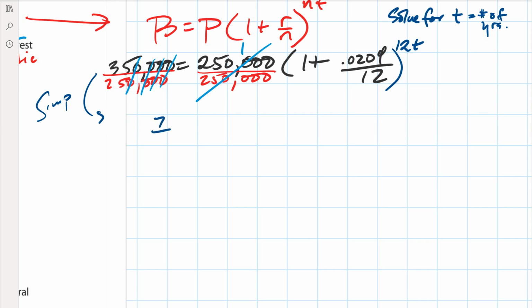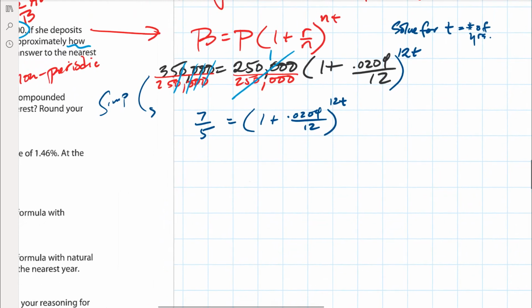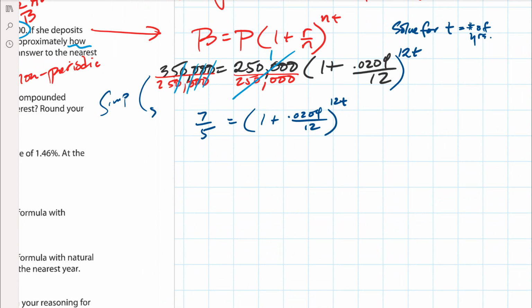Okay, so 7/5 is equal to (1 plus 0.0204 divided by 12) raised to the 12t power. Now do not use a calculator on your fraction here. Just leave it as a fraction, because we're going to let Desmos do the work in a minute. So don't worry about that. It may look ugly, but don't worry about it.